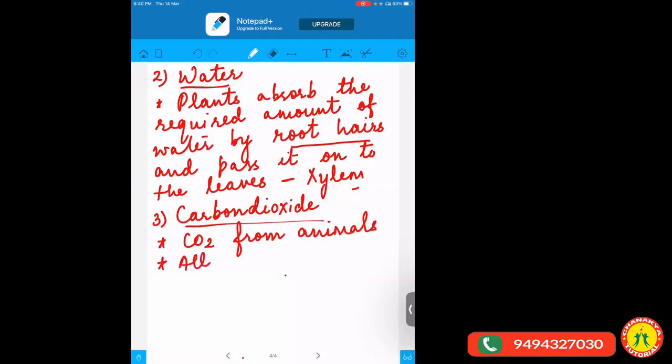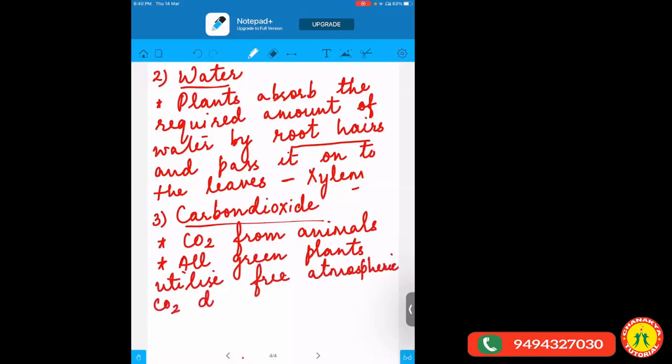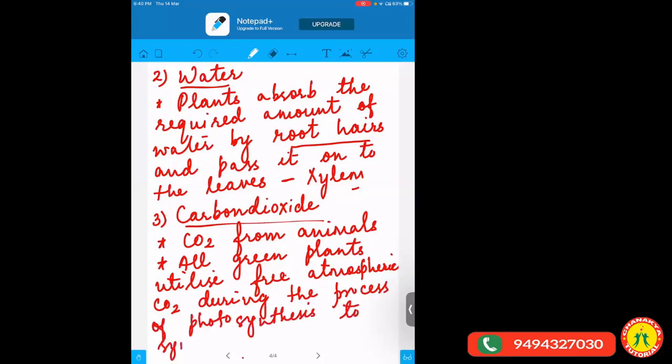So all green plants utilize free atmospheric carbon dioxide. Whatever the amount of carbon dioxide is present in the atmosphere, they will be using it for the process of photosynthesis to synthesize carbohydrate.